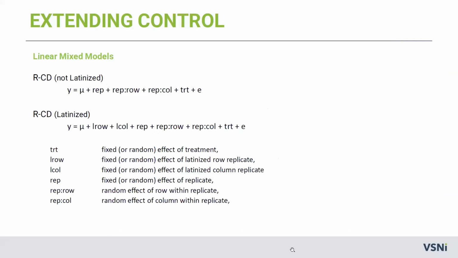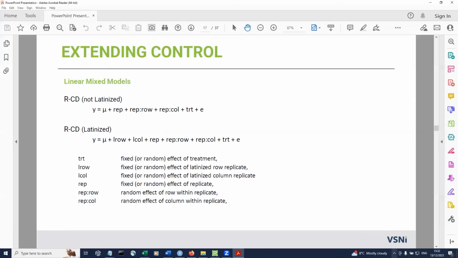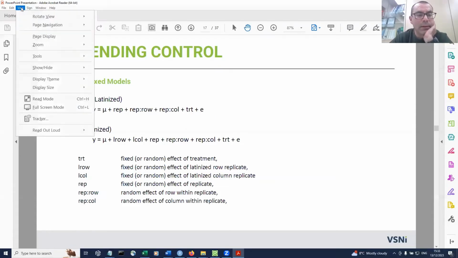No problem. Yeah, so somebody's asking, are you going to be talking about row column designs without replication? No, I'm not going to talk about those, but the logic is very similar. Those are the non-resolvable row column designs. But I'm not going to talk about them, but there are an option.